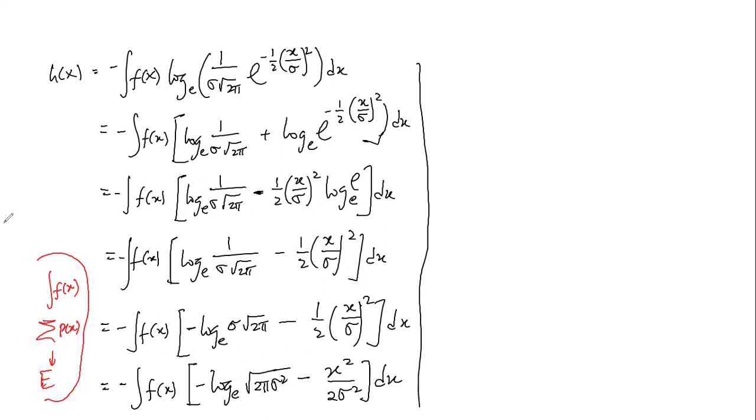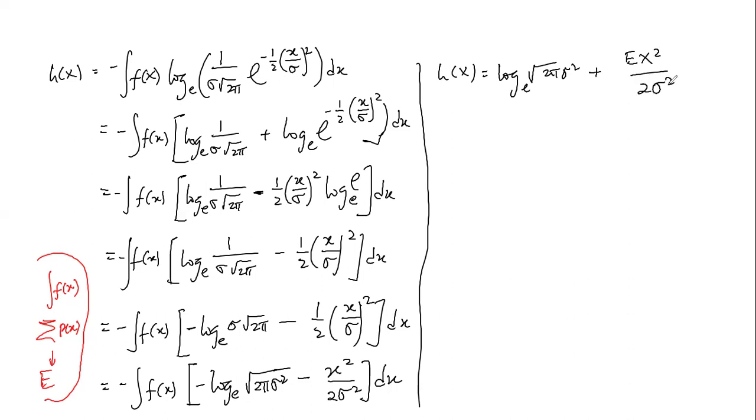So if that is true, then we could rewrite our entropy as negative times negative, that's positive, log to base e, because this is a constant, of sigma squared, plus the expectation value of x squared divided by 2 sigma squared.